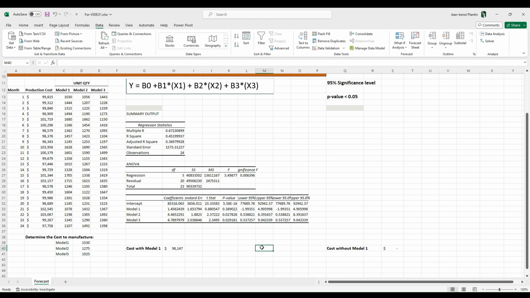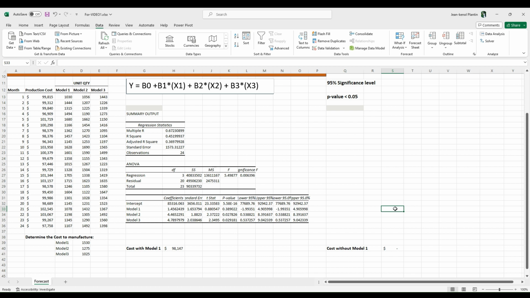And when you perform that calculation, we get the cost. When you put all the models in, it's going to cost us $98,147, even though we put in the one that is not statistically significant.